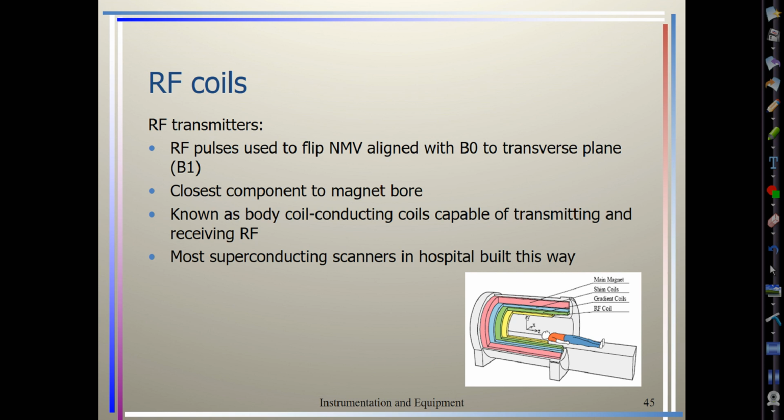The coil that's already built into the scanner is referred to as the body coil, because that is transmitting and it is also receiving signal sometimes. But it's mainly used for transmitting.